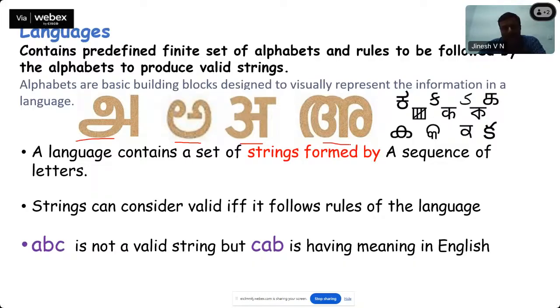Similarly, I kept another set of letters here, the letter K in different languages. For the languages you don't know, it may feel like a picture, since it doesn't have any specific meaning for you.